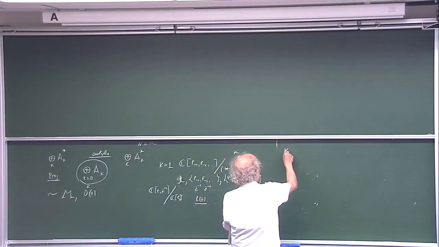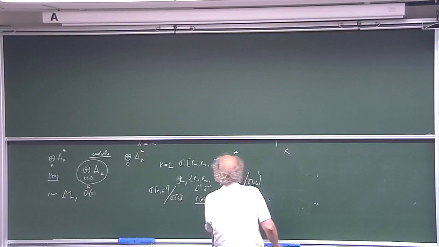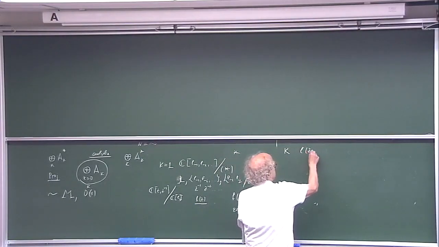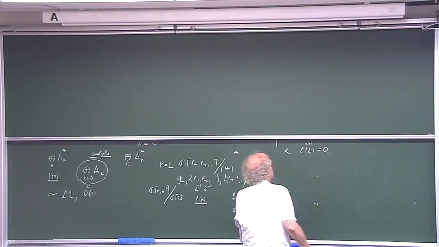If we have bigger k, then our relation is EZ to the power k plus 1 is 0.